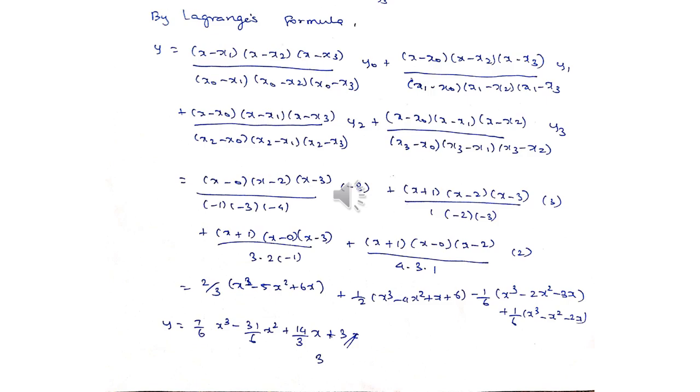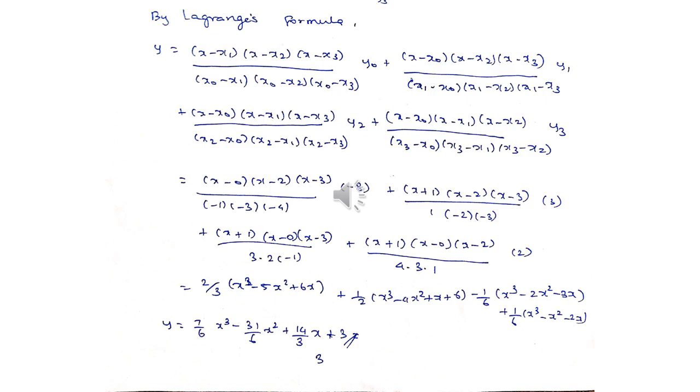Since we have 4 terms only, we write the first 4 terms of the Lagrange's formula. Next, we are going to substitute x1 equal to 0, x2 equal to 2, x3 equal to 3 and y0 equal to minus 8, y1 equal to 3, y2 equal to 1 and y3 equal to 2.